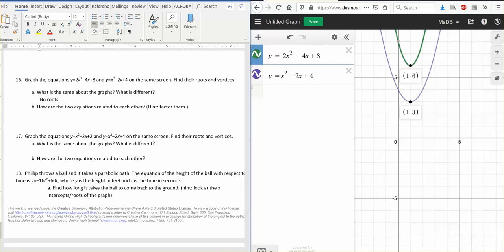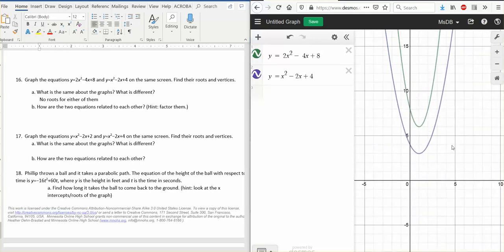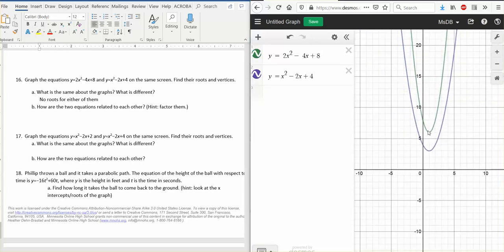So you could write that for what is the same. How are they different? Well, let's zoom out a little bit. It's clearly the green graph is higher. Which one was the green one? That was the first one. The first function is higher.